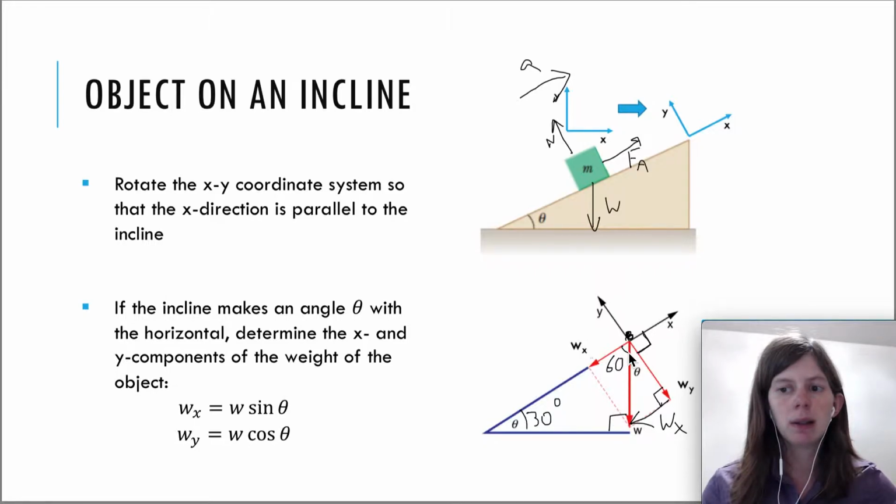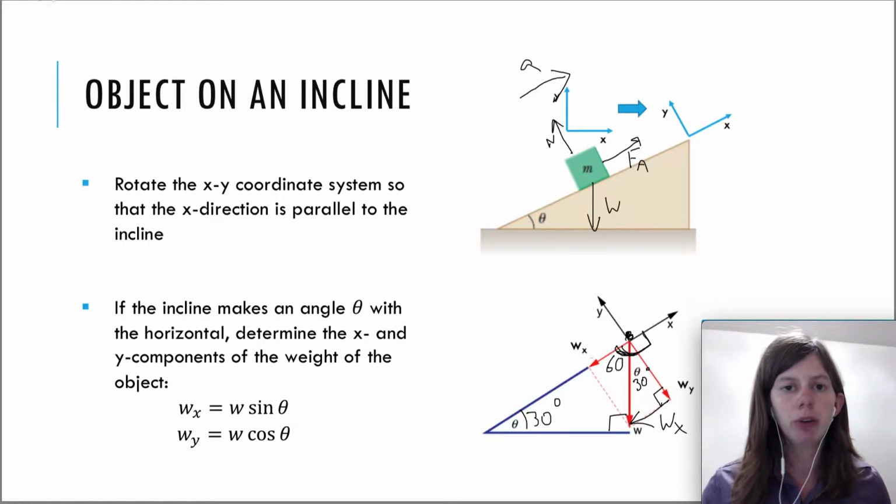These two angles right here also have to add up to 90 because you have 90 on the other side here, and a straight line has 180 degrees. So that means that this angle theta must be 30 to make 90 with 60. You see that this angle is the same as the incline. After you do a few of these, you'll just get used to putting whatever angle you're given for the incline here as the small angle right there.